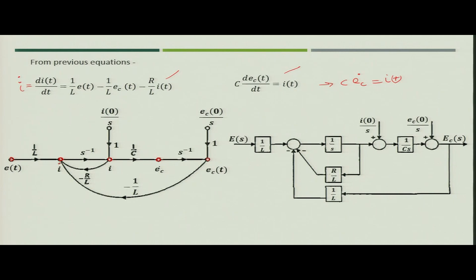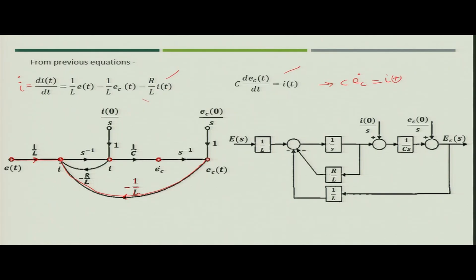So, what we get? We get I dot is nothing but 1 by L ET. So, we use the gain of 1 by L to connect ET to I dot. Then we have EC with gain minus 1 by L, so we connect the value of ECT with the gain equal to minus 1 by L. Third is I. So, I is connected to di by dt with minus R by L as a gain.